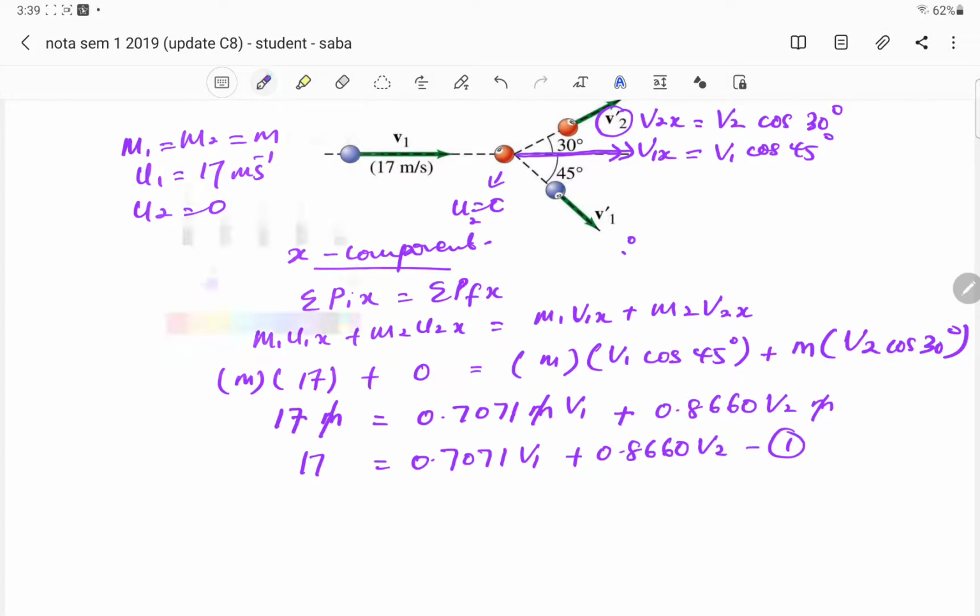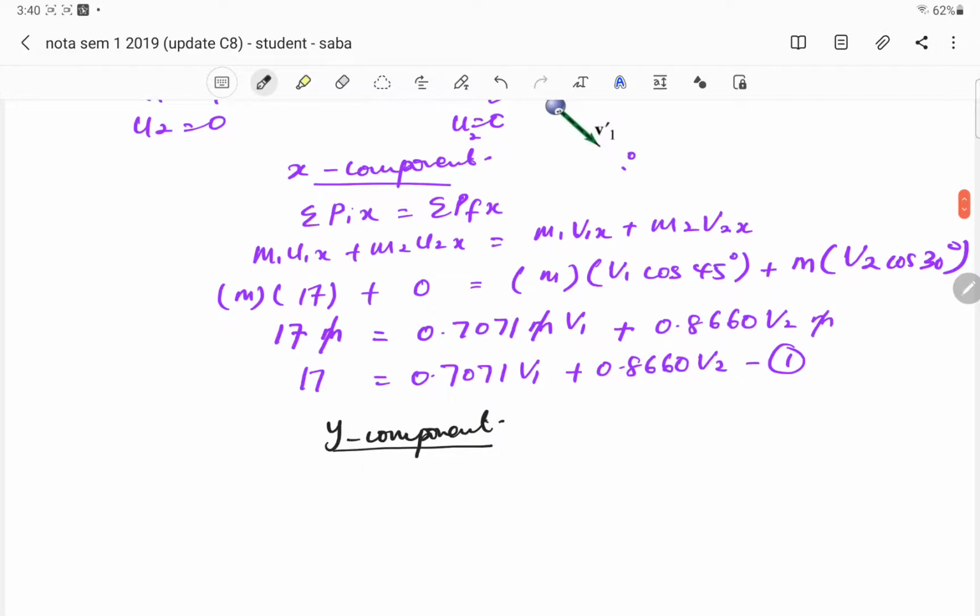Then you have to calculate for y component. Again we write summation p initial y equal to summation p final y.